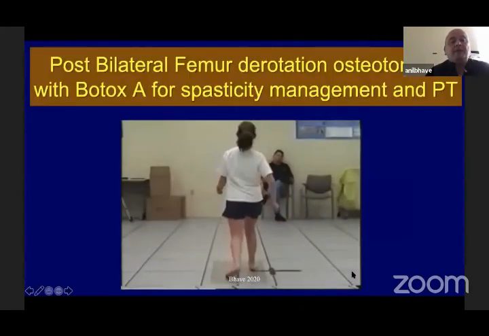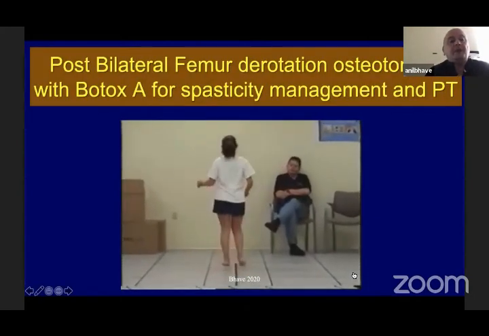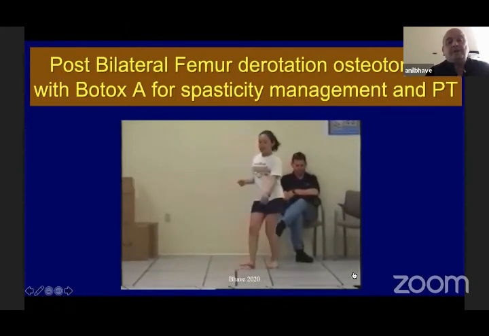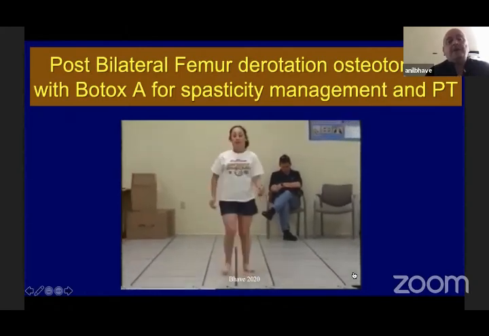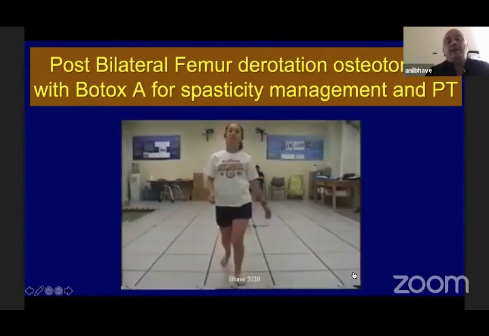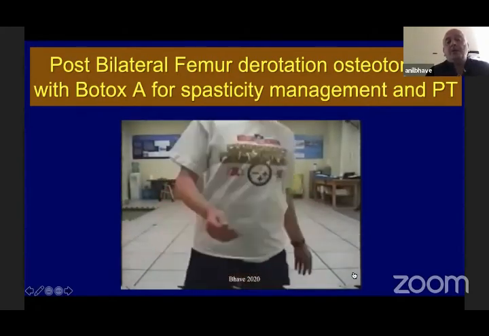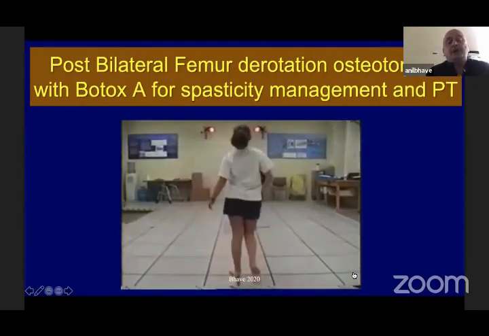If you look at this girl now, after we did the bilateral derotation osteotomies and Botox injection for spasticity management in certain muscles, which we'll talk about in a second, she's not dropping her pelvis as much. She's actually grown. She's put on more weight, but her abductors are able to hold her with the strategic surgery that was done to correct her gait.